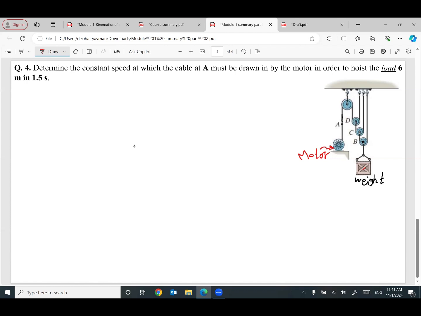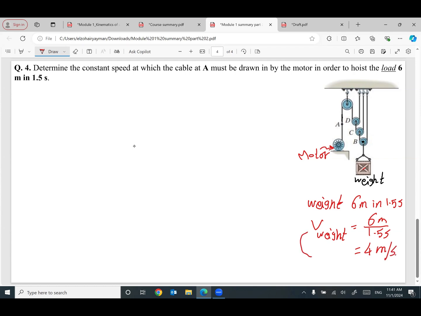Keep in your mind, the weight velocity is 6 meter in 1.5 second. So velocity of the weight equals 6 meter divided by 1.5 second, which equals 4 meter per second.